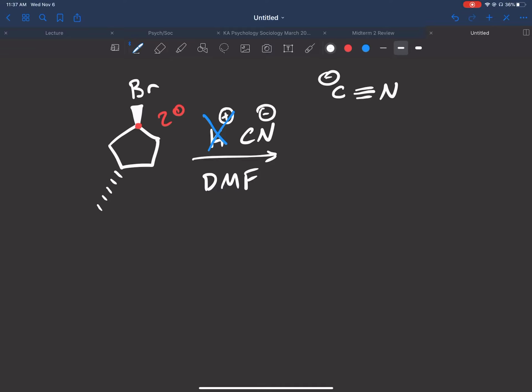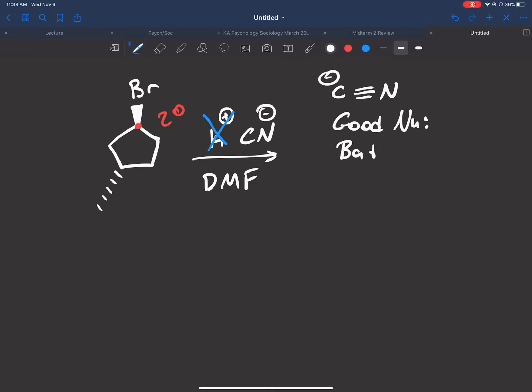So secondary is stretching the limit of an SN2. The only way an SN2 will work on a secondary leaving group is if we have a good nucleophile but a bad base. If we had a good nucleophile and a good base, then the base character will predominate and we'd end up getting an E2.